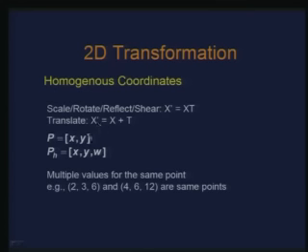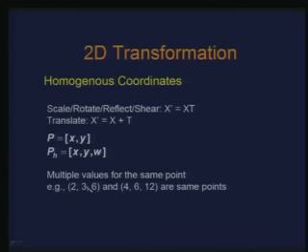Now, we introduce homogeneous coordinates where we add an additional coordinate, W. So, the same point P is now represented as (x, y, w) instead of (x, y). In turn, we observe that there could be multiple values for the same point.